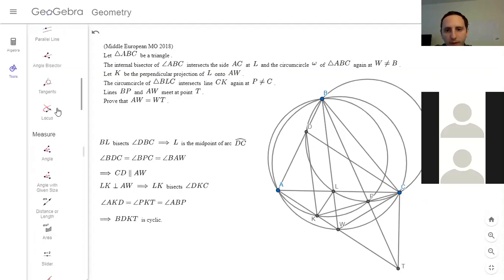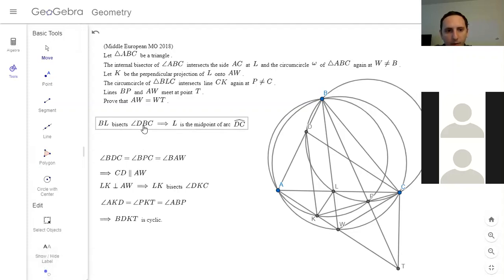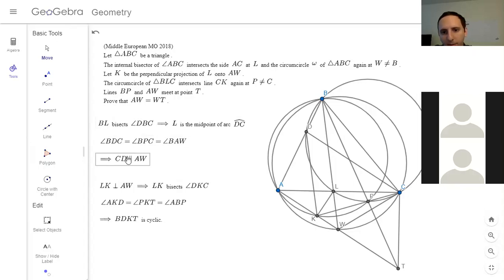Yeah, actually, let me add the steps. So if BPC is BAW, yeah, this actually proves two things. So this implies CD is parallel to AW and BAPK is cyclic, right? Oh no, because we assumed it was cyclic in saying that BPC is BAW.